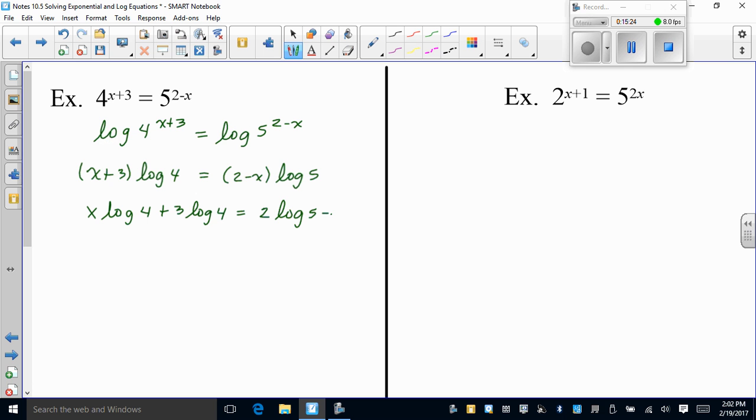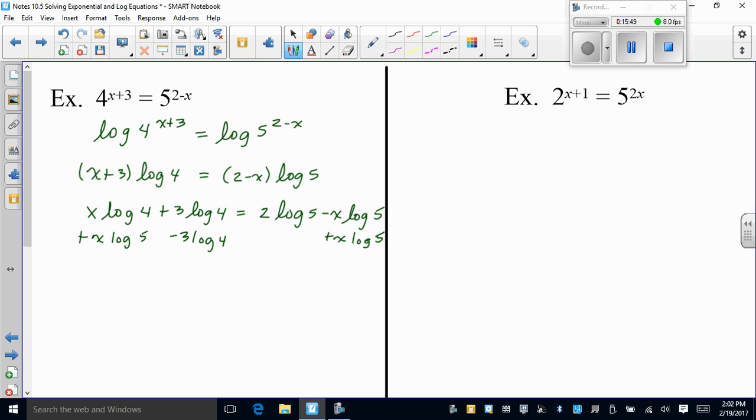Now at this point, I need to get my x's on the same side. So I'm going to add x log of 5 to both sides, and I'm going to move my constant to the other side, minus 3 log of 4 on both sides.